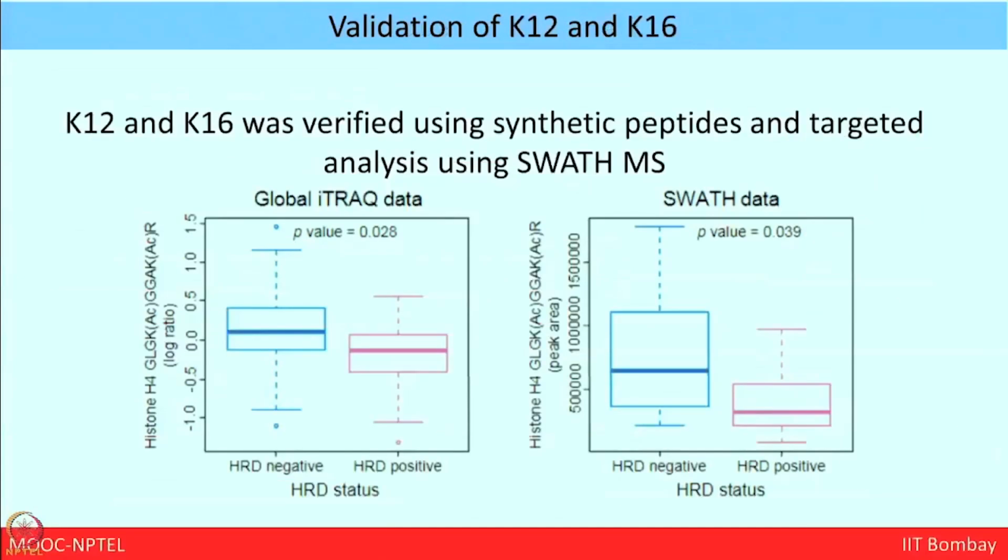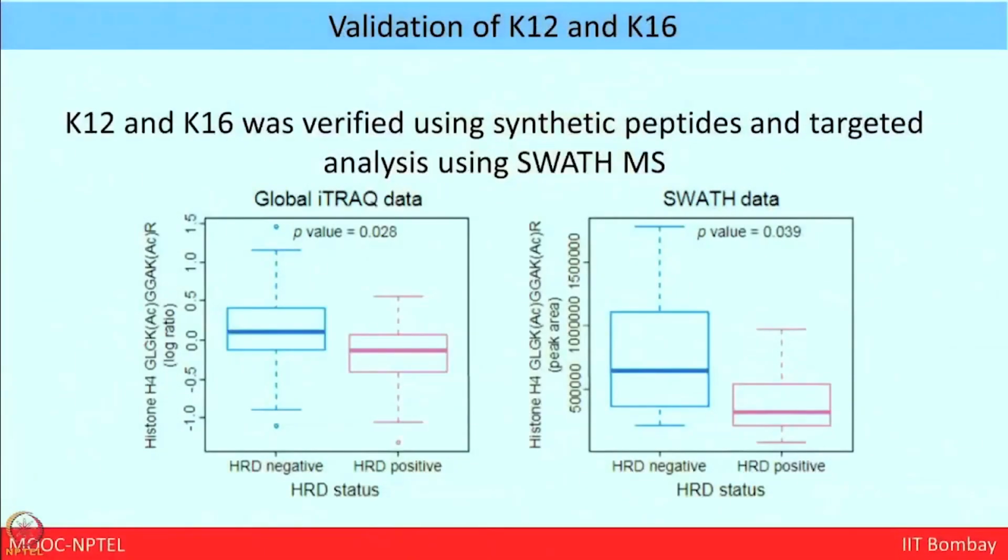They validated the K12 and K16 using synthetic peptides and targeted analysis using SWATH-MS. They found that K12 in terms of iTRAQ data was upregulated in HRD negative, and the same thing was validated in SWATH, with the same upregulation in HRD negative.